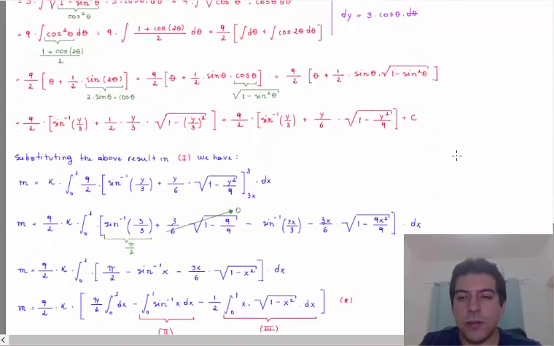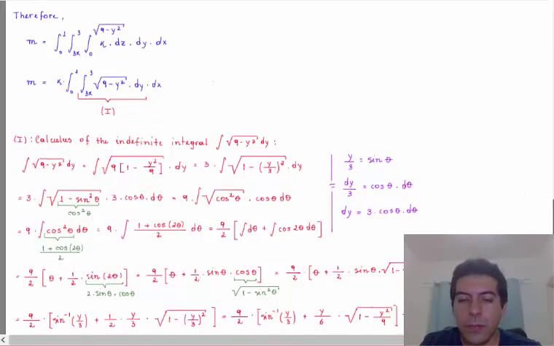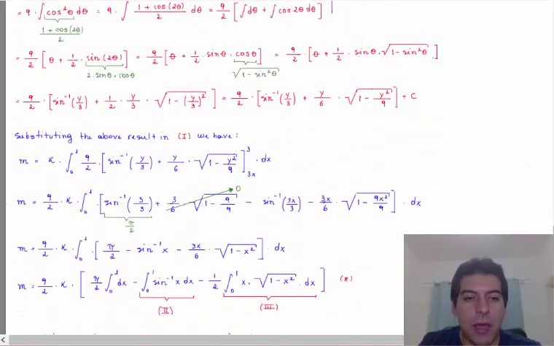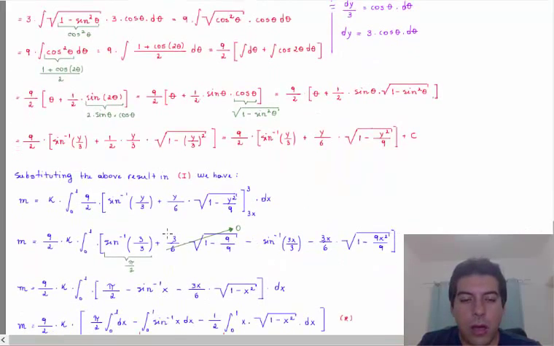So if we substitute this value into the integral that we called 1 right here, using these integration limits, we have that m can be represented as k times the integral from 0 to 1 of 9 over 2, we are substituting right here, right?